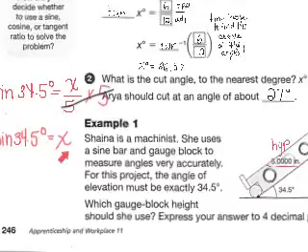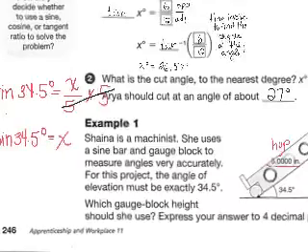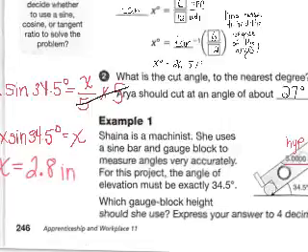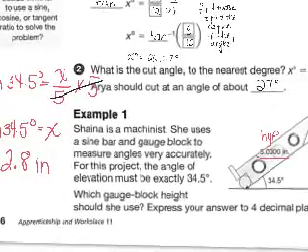And you're going to get an answer of x equals 2.8, and we're dealing with inches. So we know that on our triangle here, way over here, this side equals 2.8 inches.